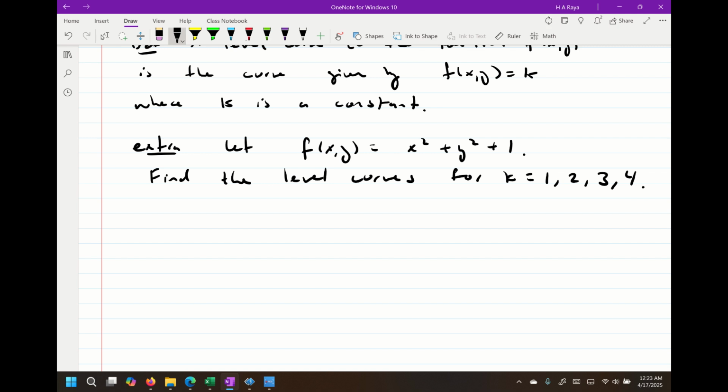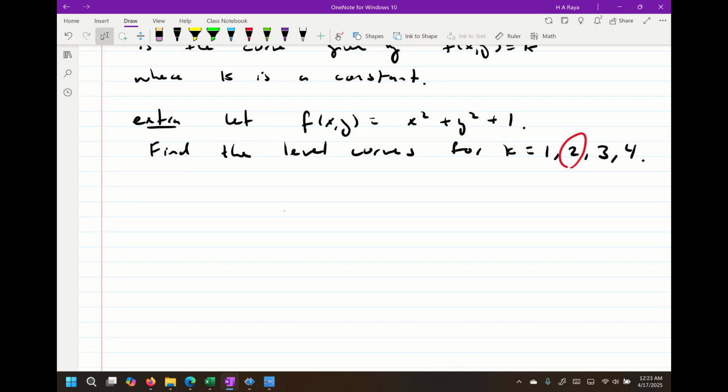So, to get things started, let me start off with k equal to 2, because that's going to give us something a little bit more tangible to work with. For the level curve when k is equal to 2, we're going to take our function f of xy and set it equal to that k of 2. F of xy is x squared plus y squared plus 1, and I'm setting that equal to 2.